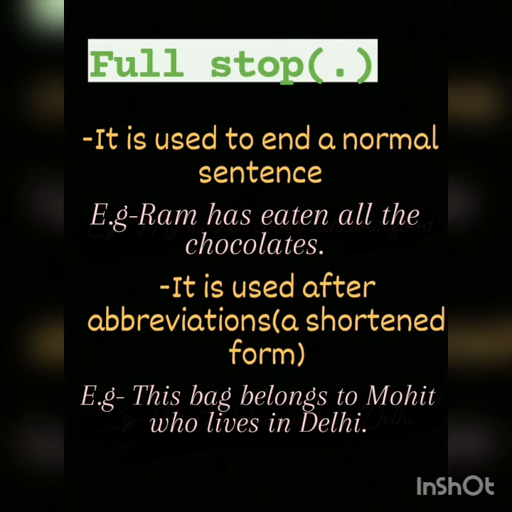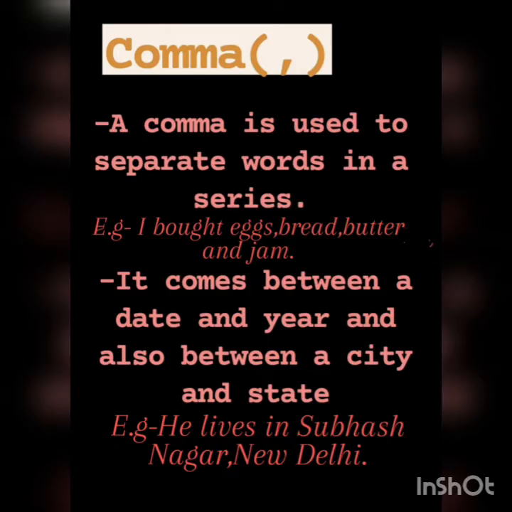Dr. Mohan lives in Delhi. Doctor, so you can clearly see that D-R dot is an abbreviated form of doctor. So this is how we need to put a full stop after abbreviations. Let's move to the next one.